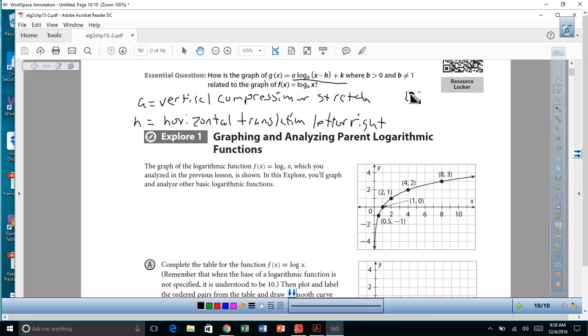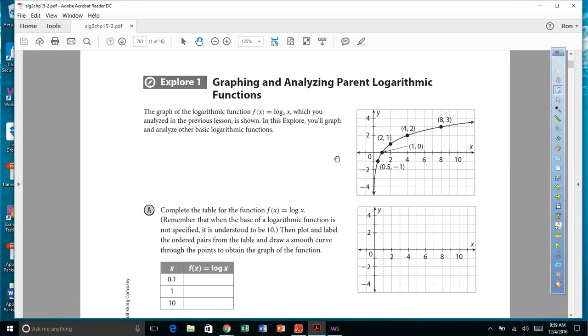And k is a vertical translation, up or down. And depending on what those values are, depends on what it does.